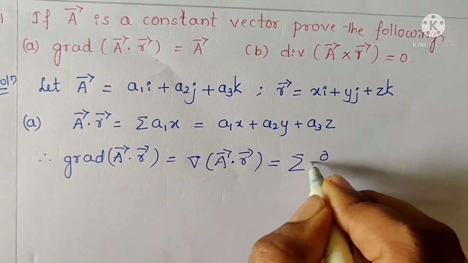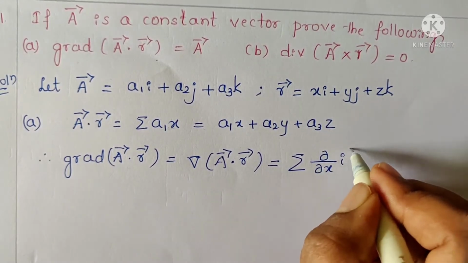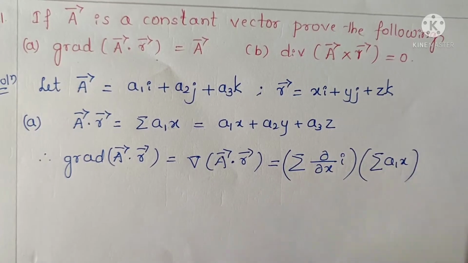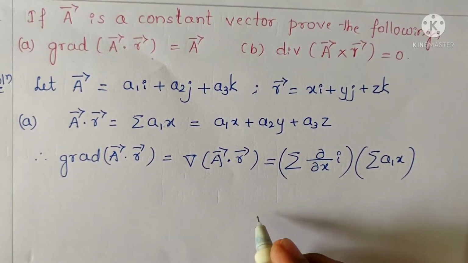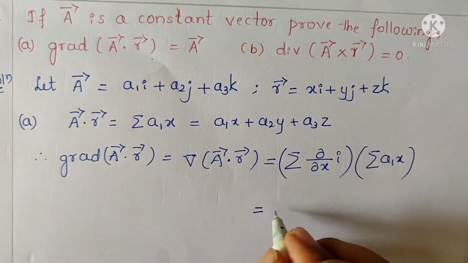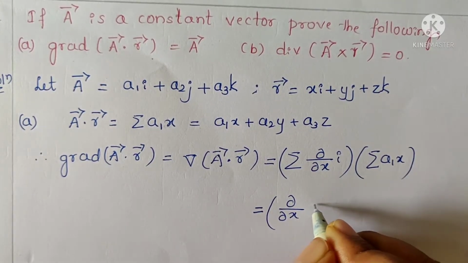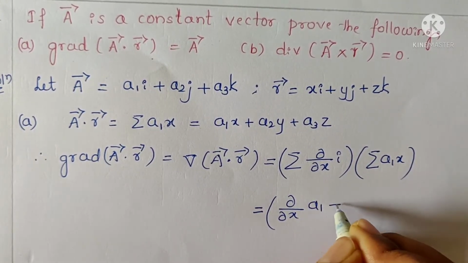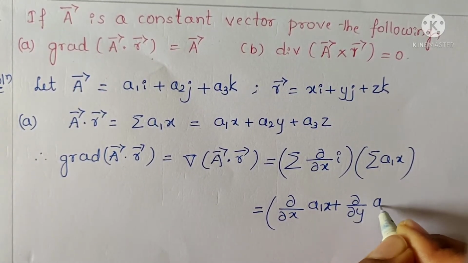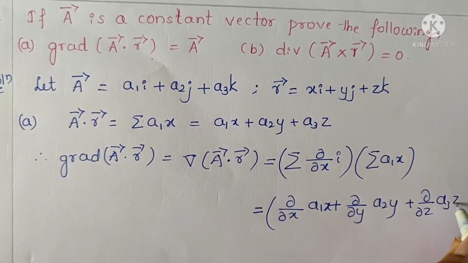Del is dou by dou x of i, so it is the summation of dou by dou x of i into the summation of a1x. So this is nothing but dou by dou x into a1x plus dou by dou y into a2y plus dou by dou z into a3z.